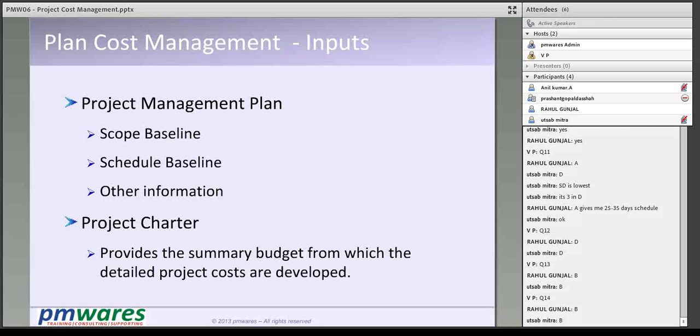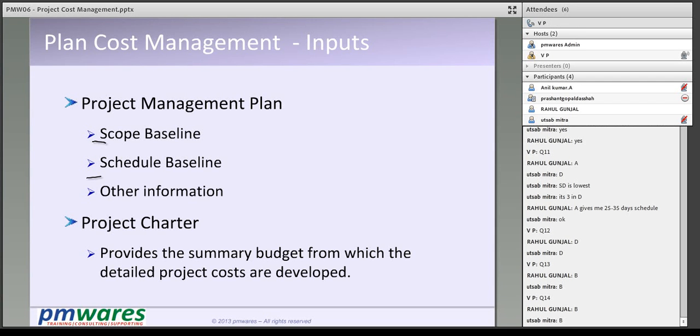Okay, basically what comes from the project management plan is the scope and the schedule of the project that we have already prepared.